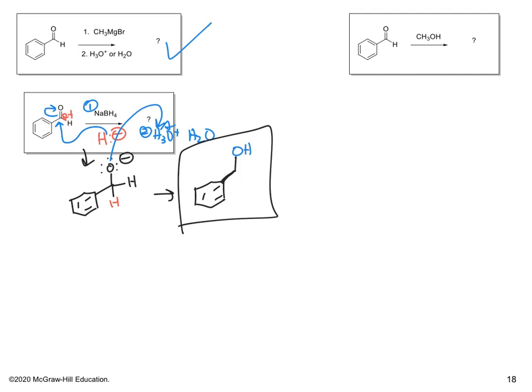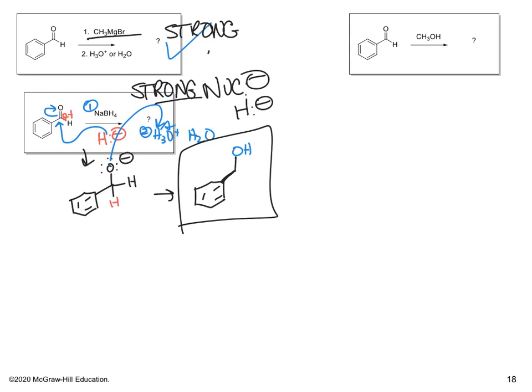We're going to be doing, this is a strong nucleophile. Do you see this is a strong nucleophile? How do you know it's strong? It has a negative charge on the nucleophile. CH3 with the magnesium, whenever you see a metal, you can assume that's positive, which makes the carbon negative.